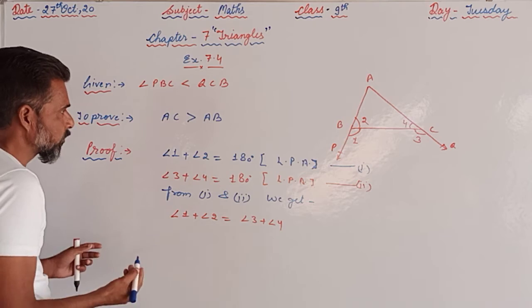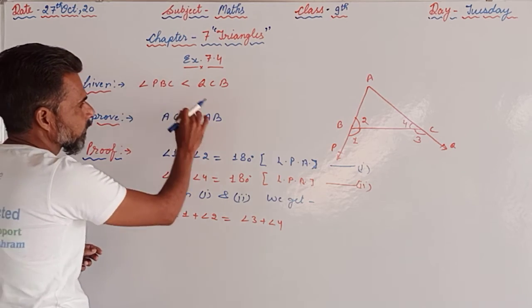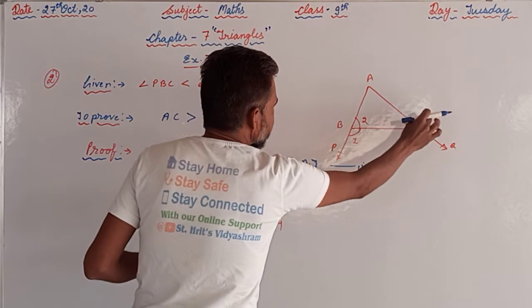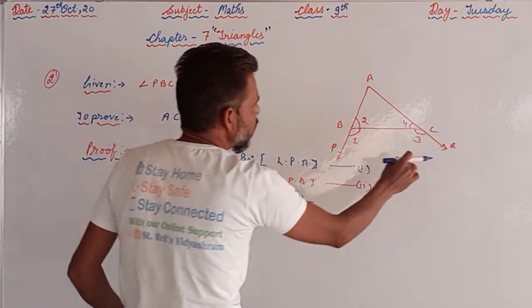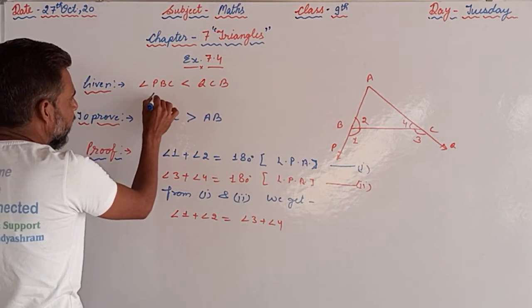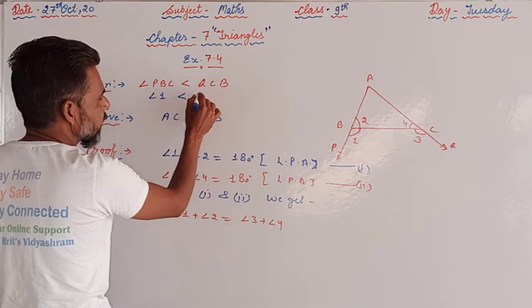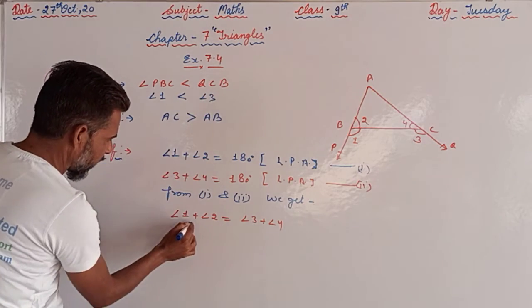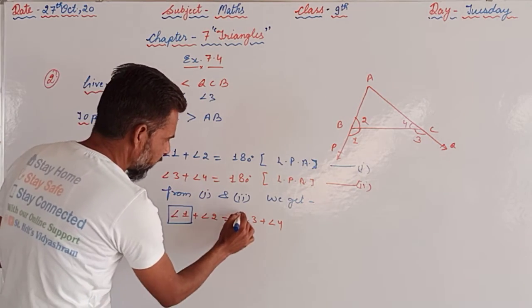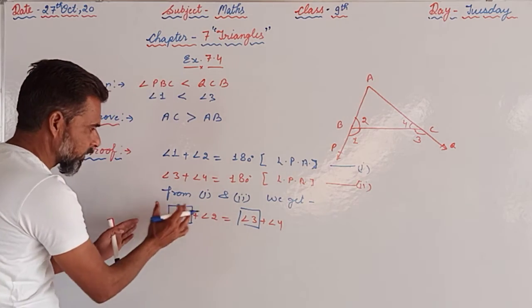Now, this is also given that angle PBC is less than angle QCB, means angle 1 is less than angle 3. Angle 1 is less than angle 3, but the sum is equal.